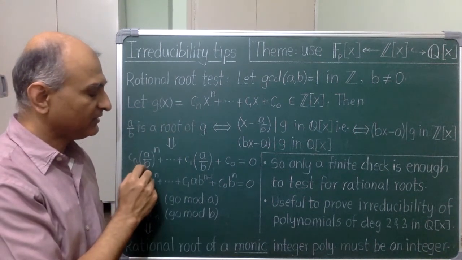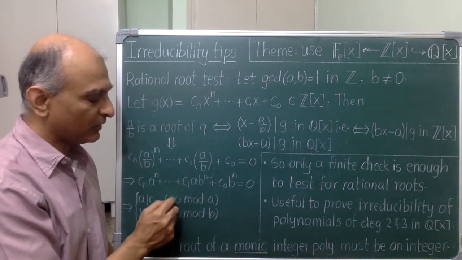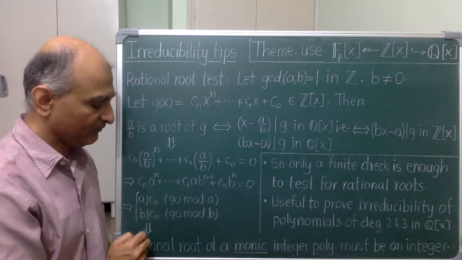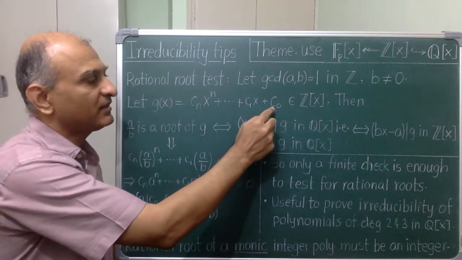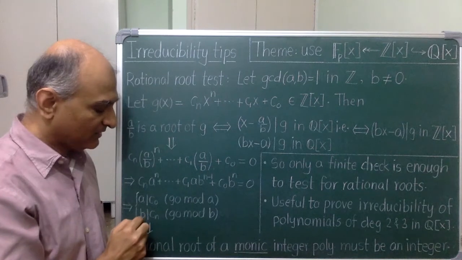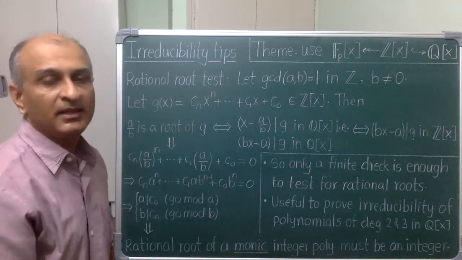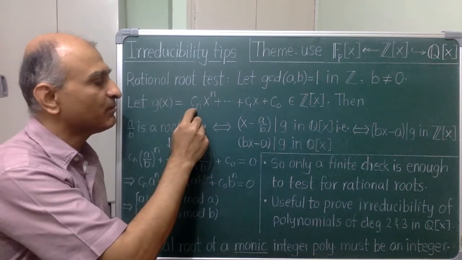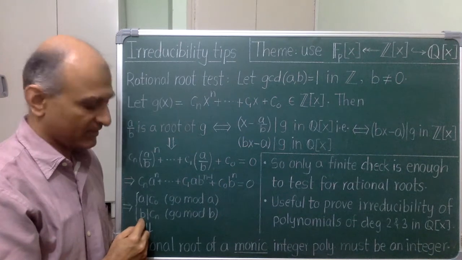Now, clearing the denominator, I get this equation, and then going modulo a and going modulo b, I get that the numerator a must divide the constant term and the denominator b must divide the leading coefficient. In particular, if this is a monic polynomial, then b can only be plus or minus 1.